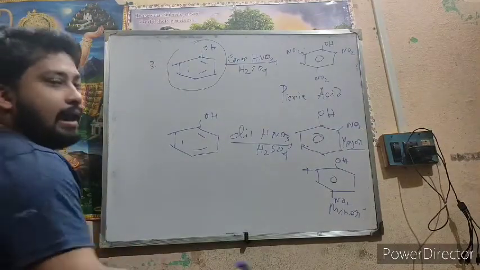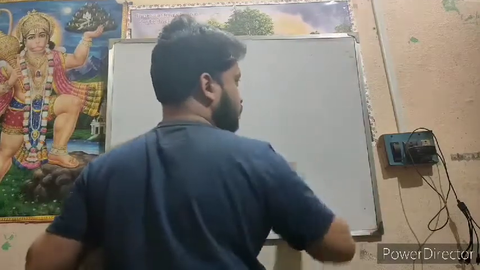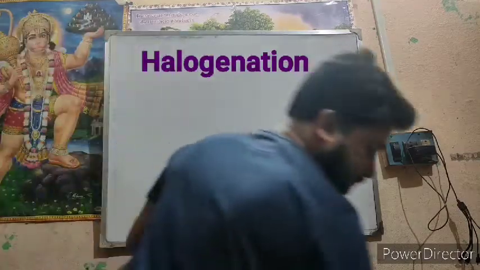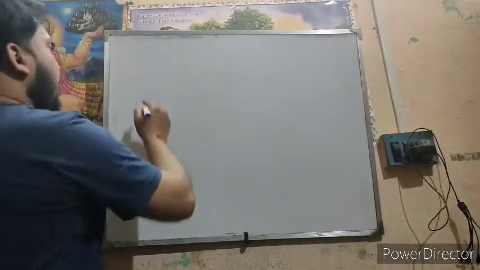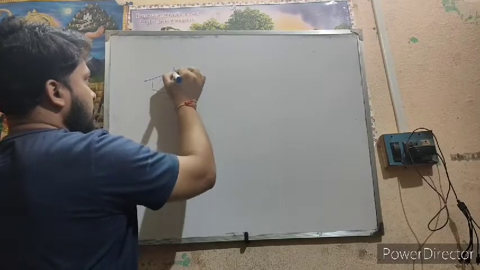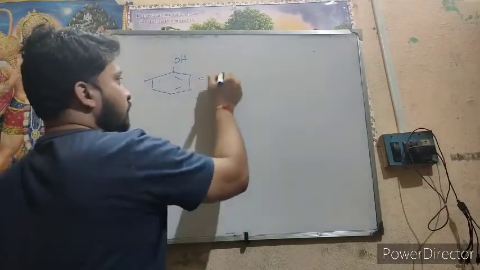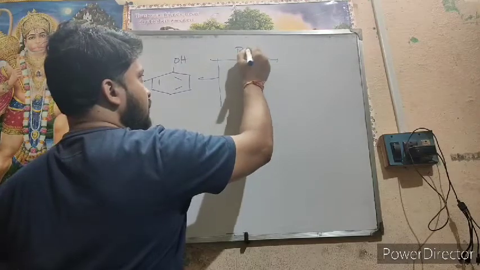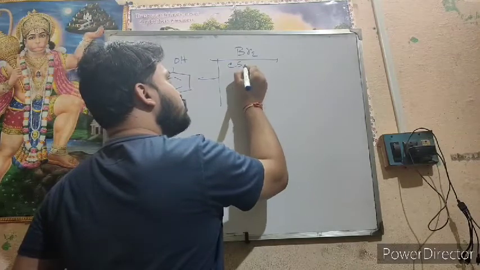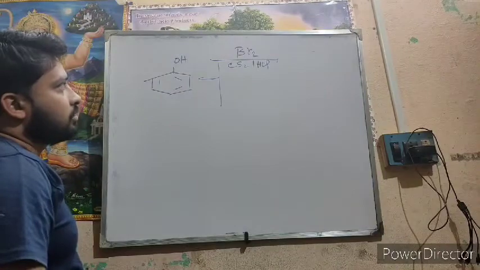Next reaction is halogenation. For a halogenation reaction, you take this phenol and react it with bromine in the presence of CS2.